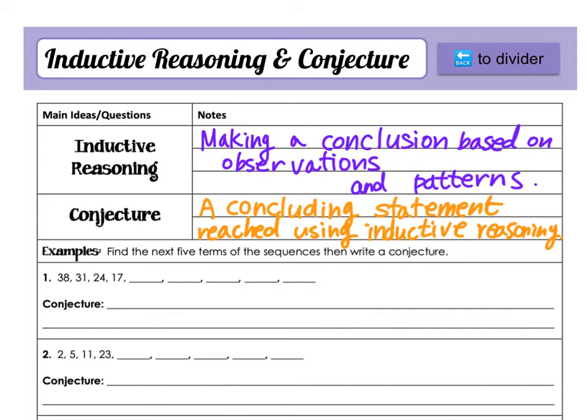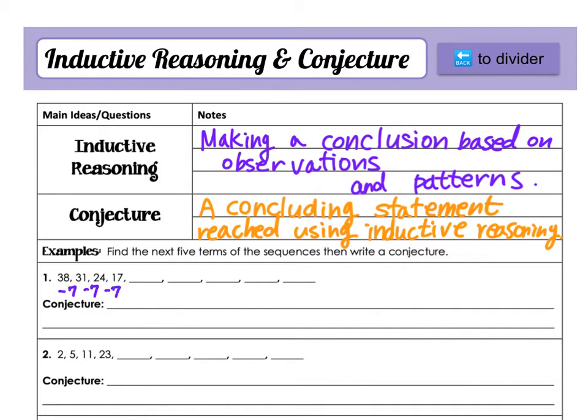So let's try the differences between numbers. 38 to 31 is a subtraction of 7, and 31 to 24, do you see? That's another subtraction of 7. 24 minus 7 also becomes 17.